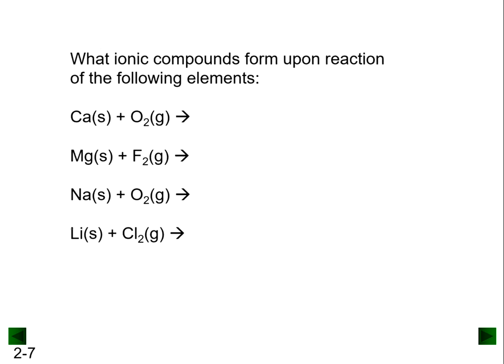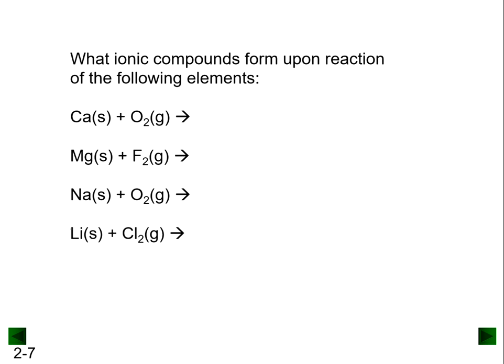Next up, what ionic compounds form upon reaction of the following elements? These are ionic compounds that will be produced. We have a metal and a nonmetal. The key in solving this problem is knowing what are the normal charge states for the metals and the nonmetals in this example.